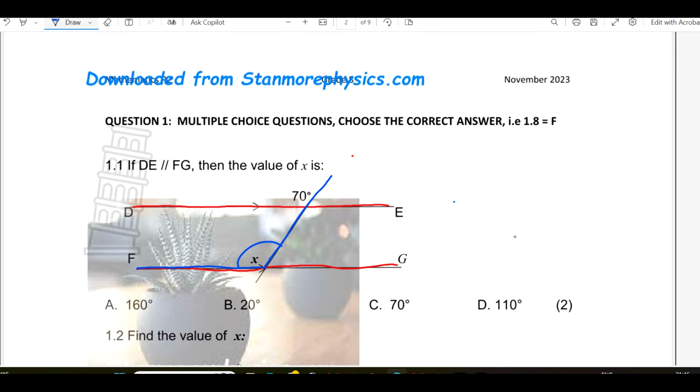This angle and this angle are equal. Reason: corresponding angles. So the value of X is 70 degrees, with the reason corresponding angles. So the correct answer is C.